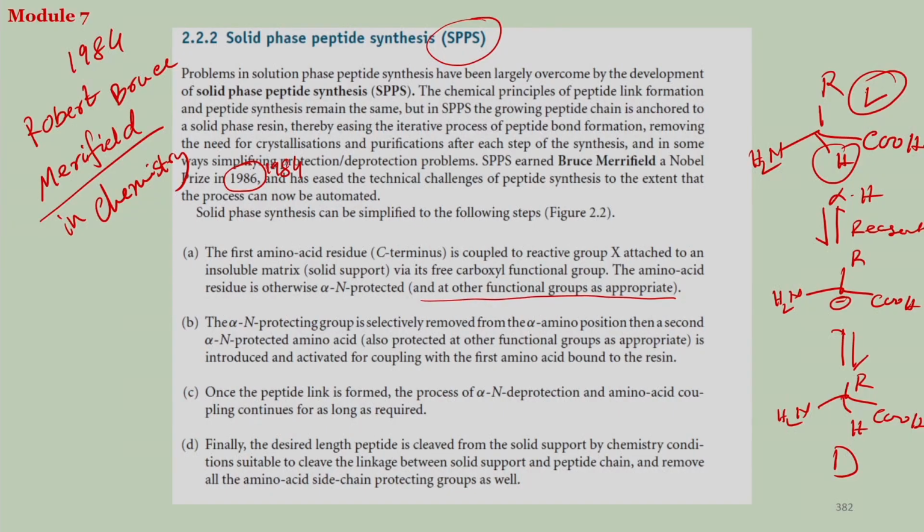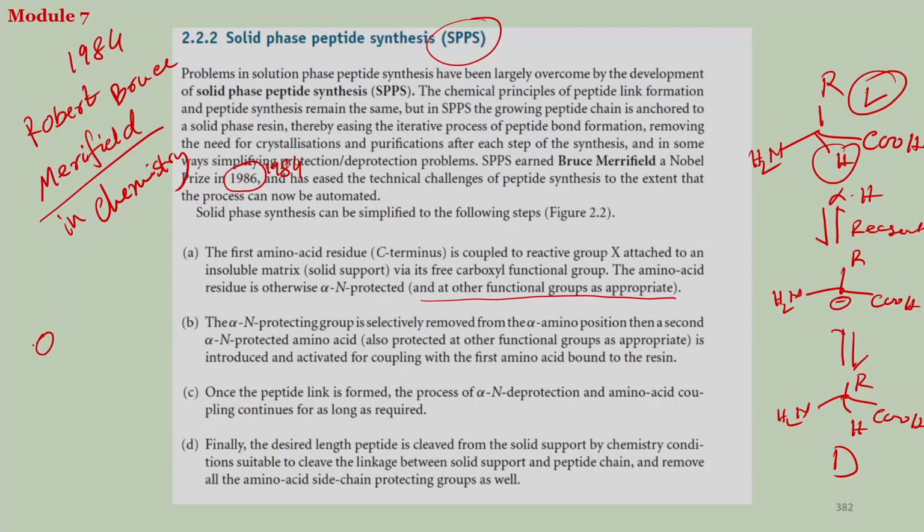That is the first step. It basically says that in the first step, if you have the solid support S, this has a linker, it is connected to a functional group X, and then you attach this with your first amino acid.